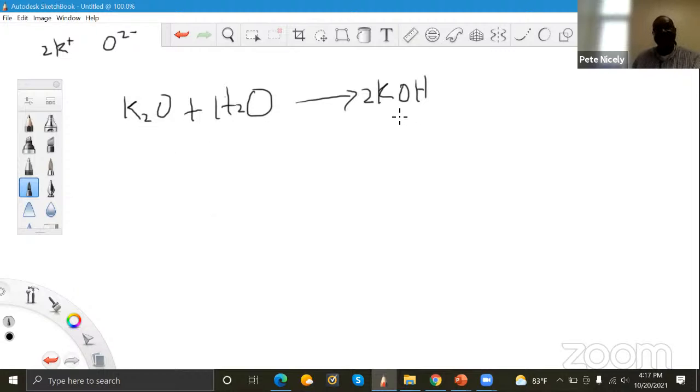You have 2 potassiums on either side. You have 2 oxygens on both sides, and you have 2 hydrogens on both sides. So that's basically the answer for the second one. All right. Now the third one, they gave you hydrogen peroxide that will react to form water and oxygen. So what's the formula for hydrogen peroxide?